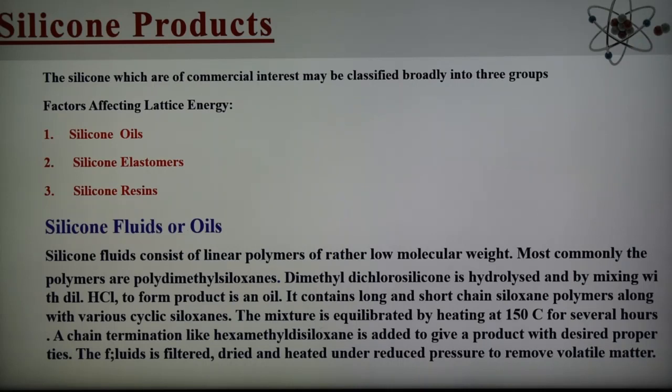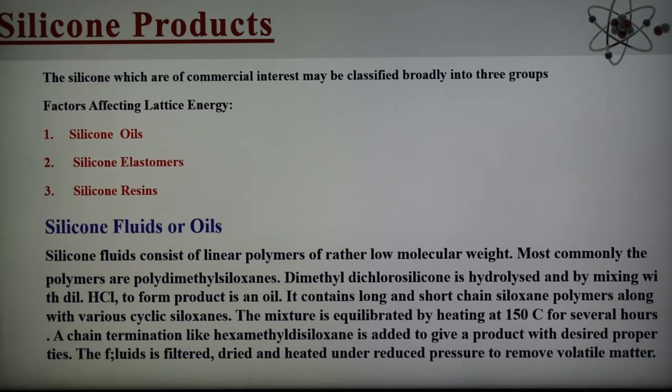At this stage it mainly contains a mixture of long and short chain siloxane polymers along with cyclic siloxane. The principal cyclic siloxane is octamethylcyclotetrasiloxane. The mixture is then equilibrated by heating at about 150 degrees Celsius for several hours.